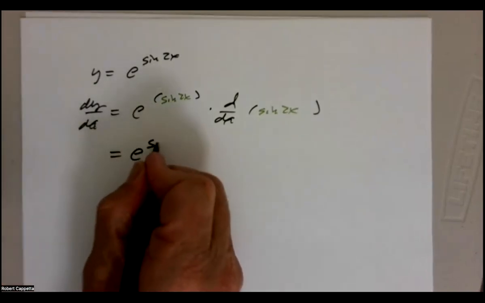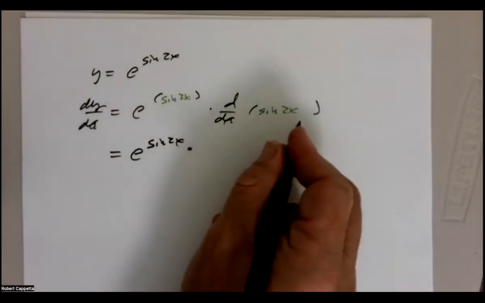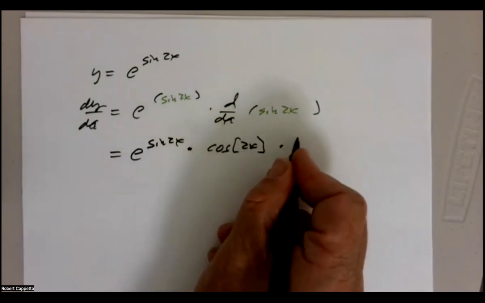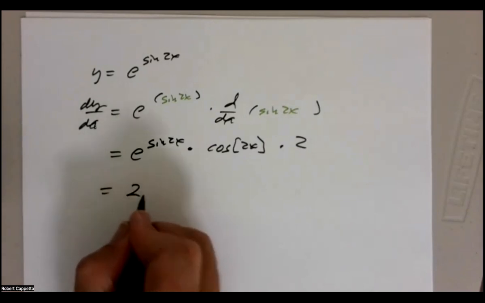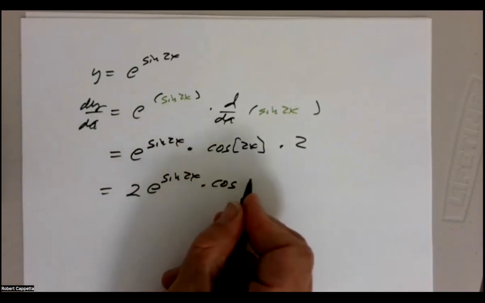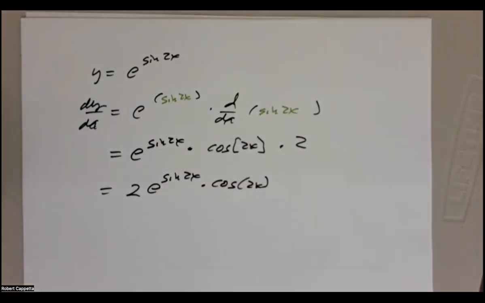So e to the sine 2x. The derivative of sine 2x is cosine of 2x times derivative of the inside, times 2. Final answer: 2e to the sine 2x times cosine of 2x. And that takes us to the end of that problem, which now brings us to implicit derivatives. So let's look at how that behaves.